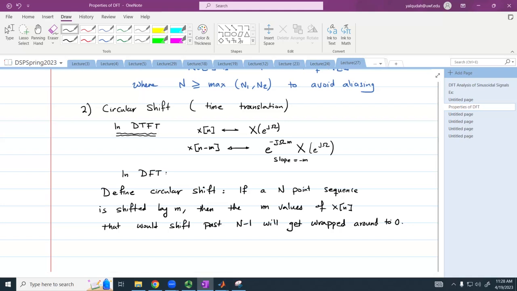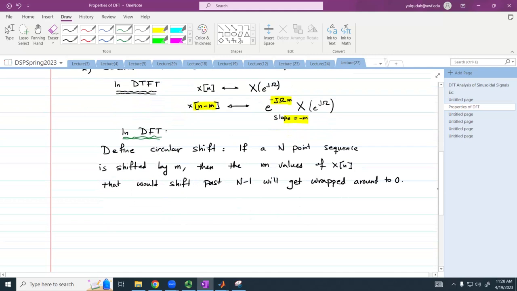So for the discrete time Fourier transform, this shift here is a linear shift. A linear shift will result in this exponential term with a slope that is equal to the linear shift that we've done. Now we want to study the discrete Fourier transform, and therefore, to do the property for the discrete Fourier transform, we have to introduce a new shift, which is called circular shift.